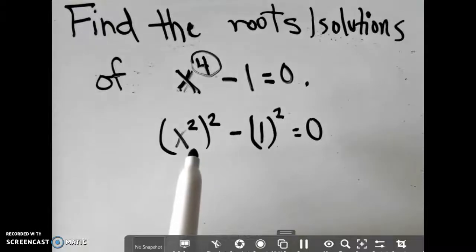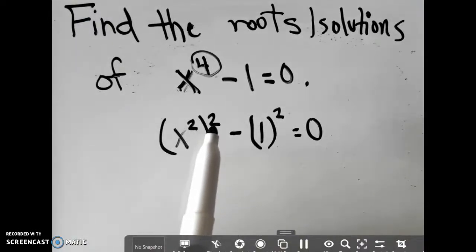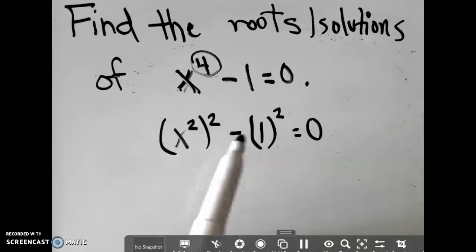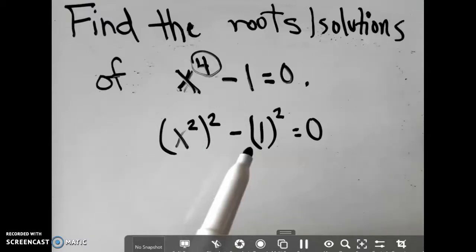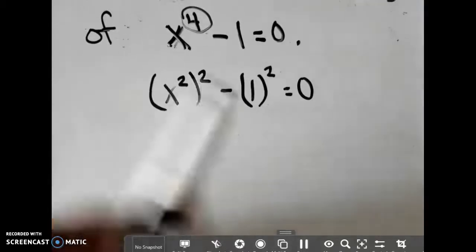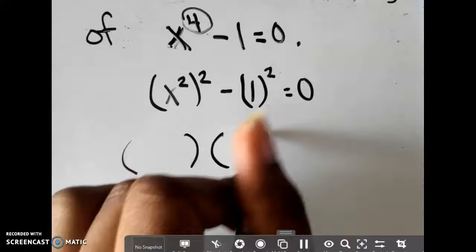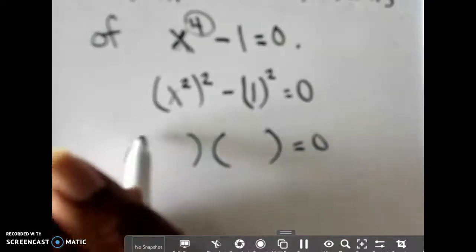So if we chose to rewrite this, x squared squared is how we would get x to the 4th. Remember, outside of the parentheses, we multiplied the exponents. And then 1 is 1 squared. So what we actually have here is a difference of squares, which means that we can use the difference of squares formula to factor here.